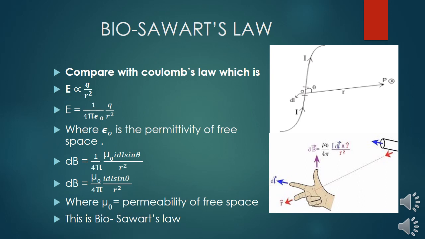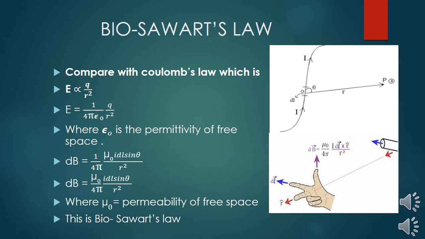There is another property in space which allows the magnetic field to be applied, and this characteristic of space determines how much magnetic field is present at this point P. This property of space is known as mu naught, which is the permeability of free space. If there is a material medium, we cannot take it as mu naught, we take it as only mu.